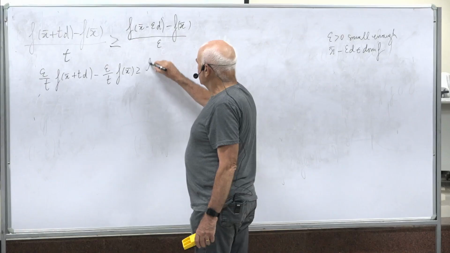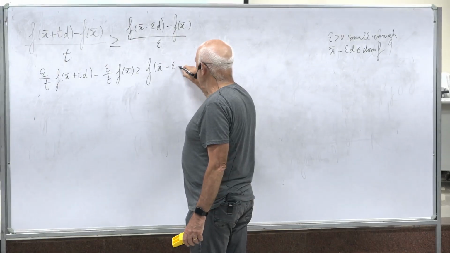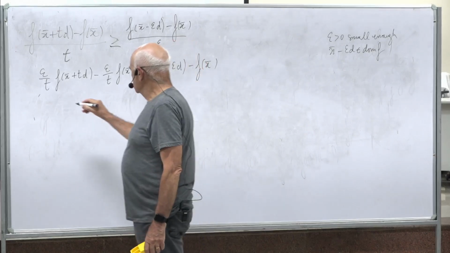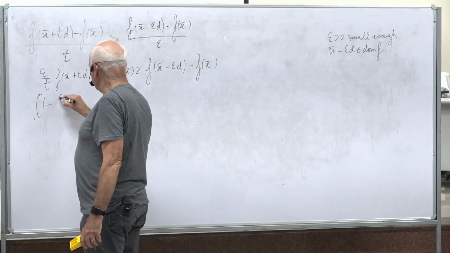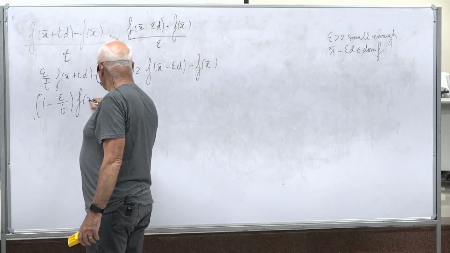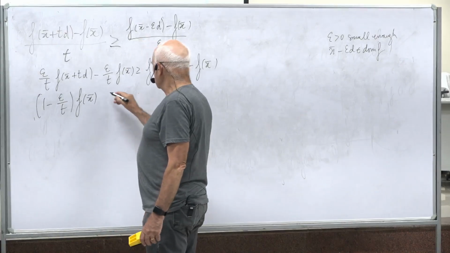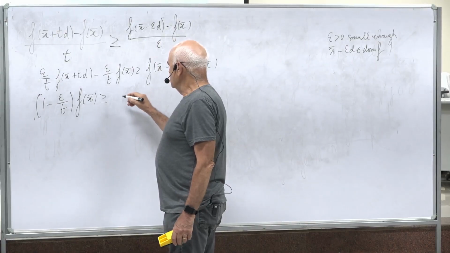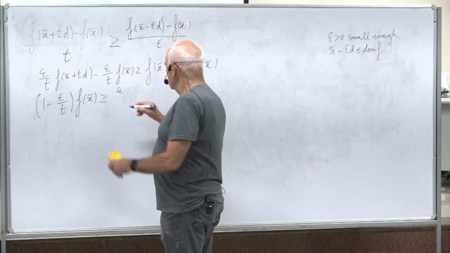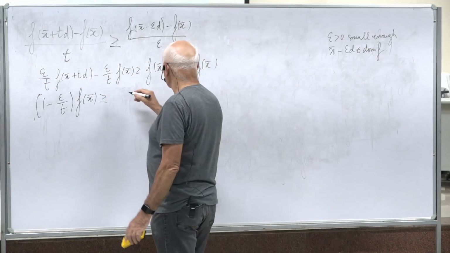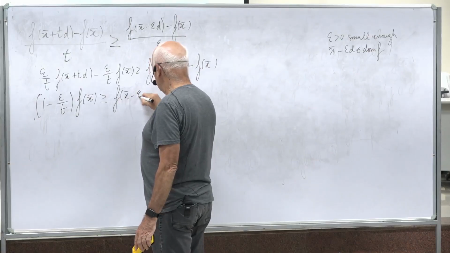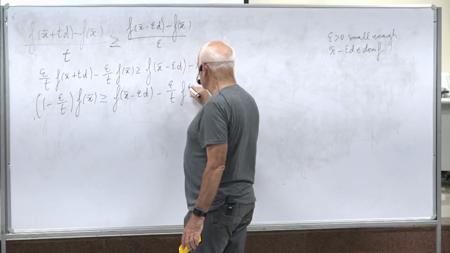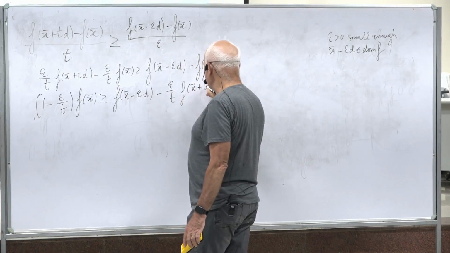Greater than or equal to f of x bar minus epsilon d minus f of x bar, which means 1 minus epsilon over t f of x bar greater than or equal to epsilon f of x bar minus epsilon d minus epsilon over t f of x bar plus td.